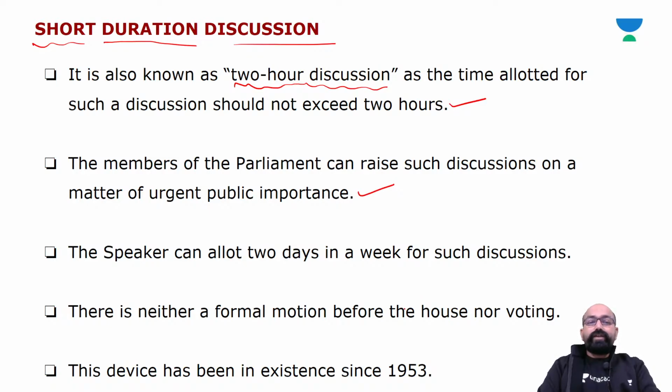The Speaker can allot 2 days in a week for such discussions. There is neither a formal motion before the House nor voting, and this device has been in existence since 1953.